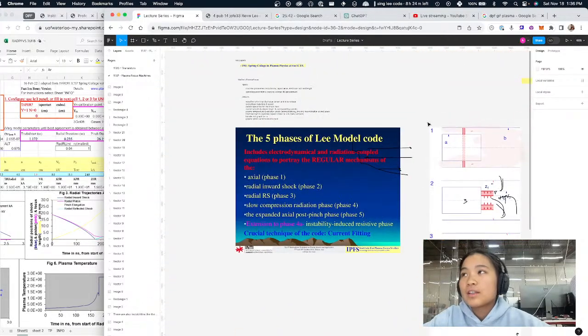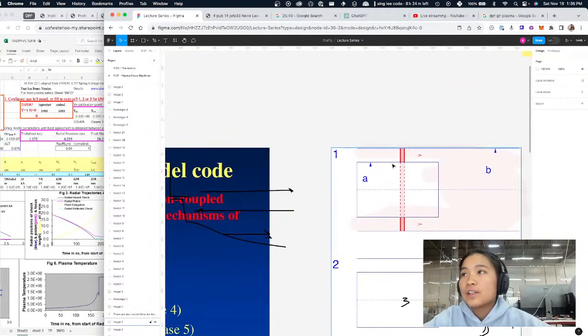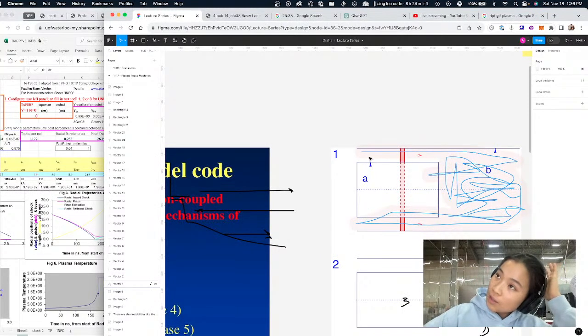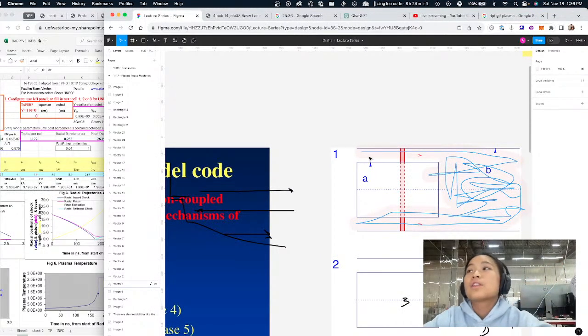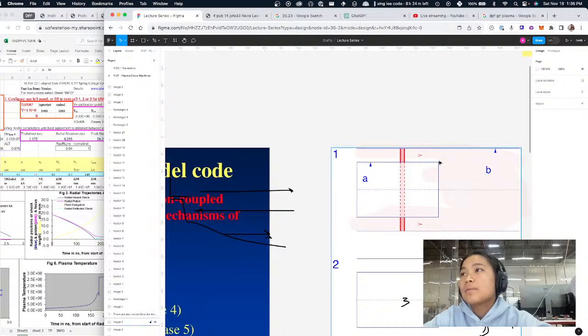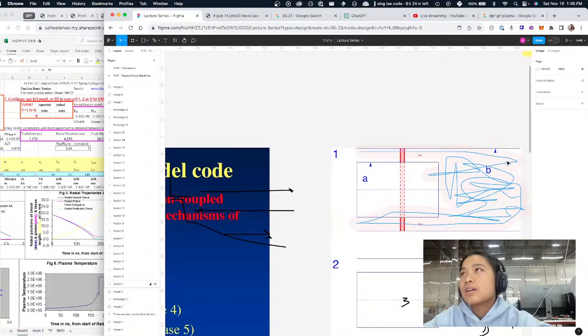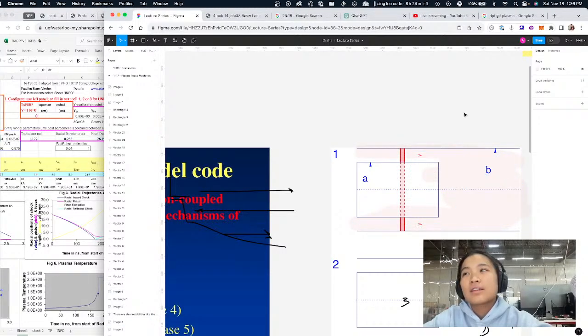And then once you get to this machine part, there's the axial phase, which is moving electrical current and thus electrical force throughout the anode and the cathode, and then as it progresses forward, the plasma generated becomes more dense because there's more electricity, and that's my intuition.